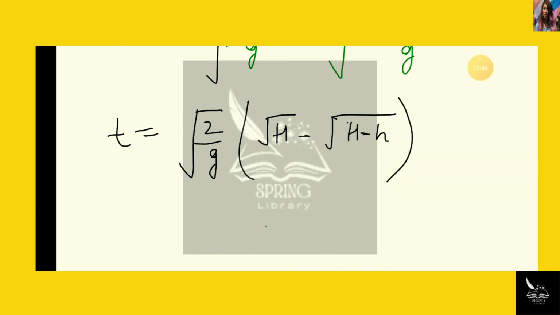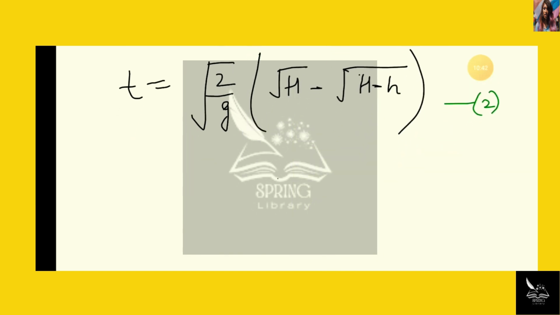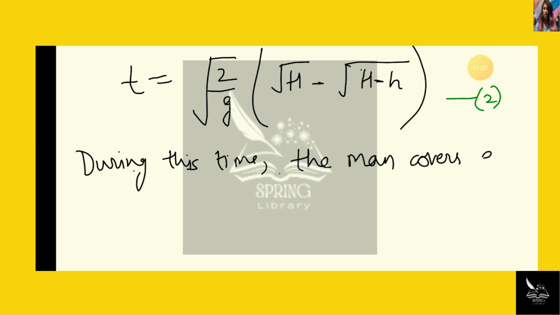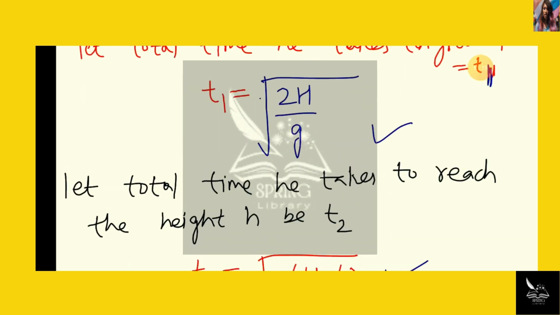Now the next step is, after finding the time of flying in covering the remaining height, during this time the man covers a horizontal distance x, because he is going to land in the pond.